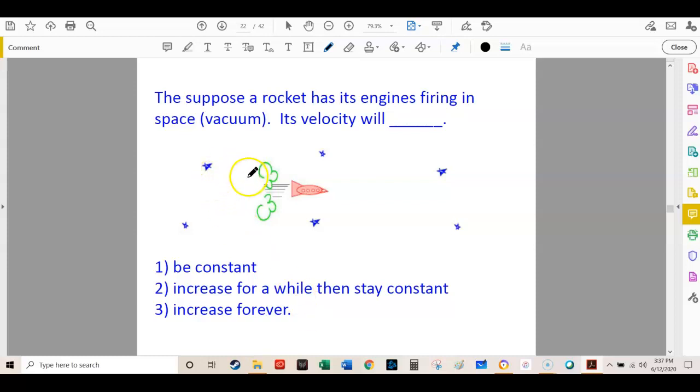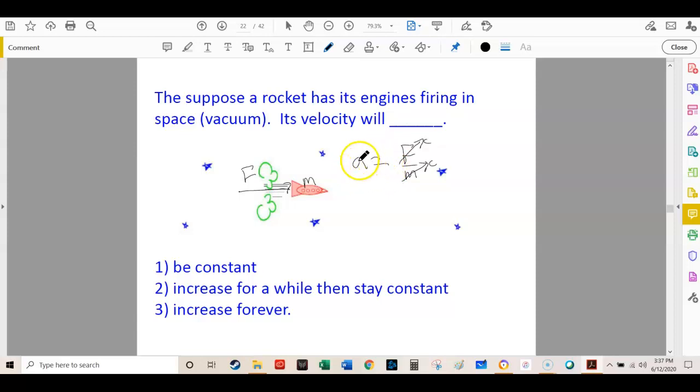Well, if your rocket engines are firing, that means you have a force being applied to you the entire time, right? And since your mass isn't changing, that means you have a constant force being applied to you, and your mass is also constant.